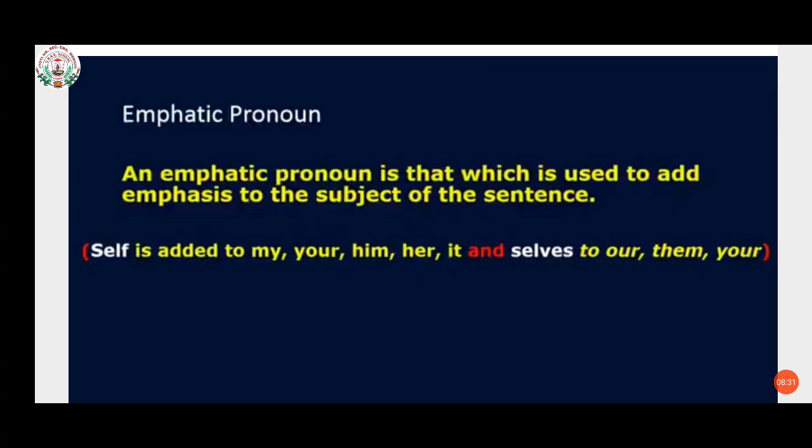So here John is a noun, and himself we are using here as an emphatic noun. Now, women must create the world. They want themselves.